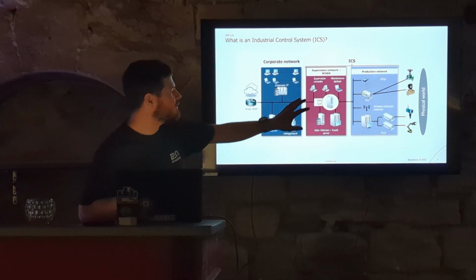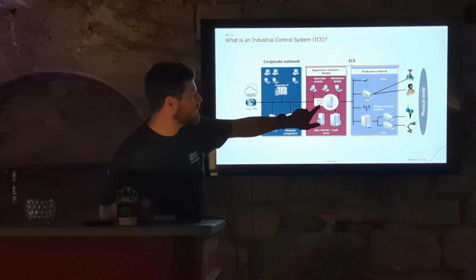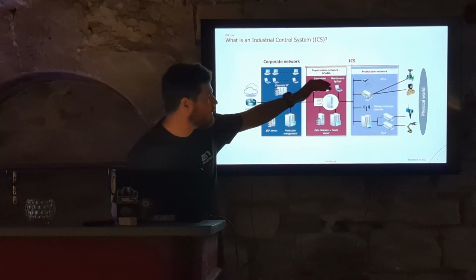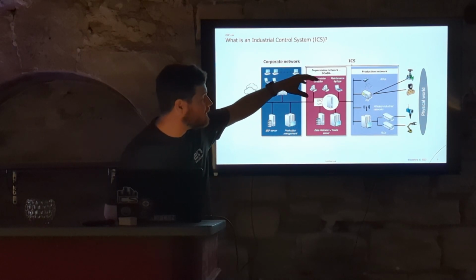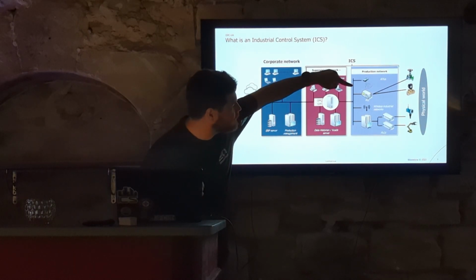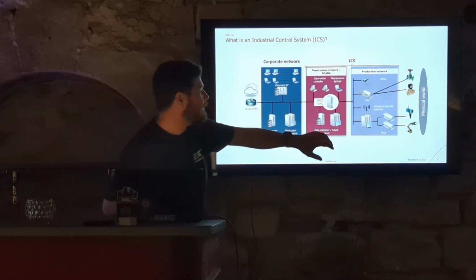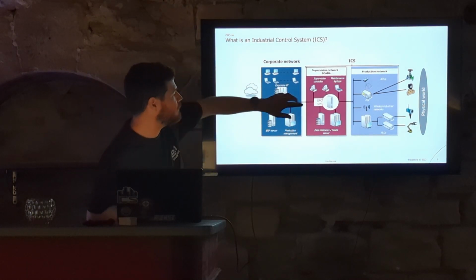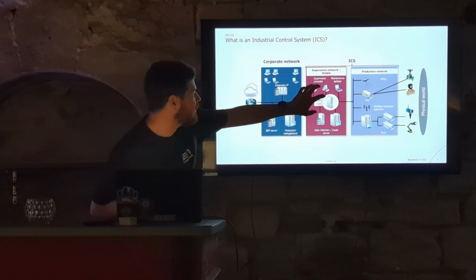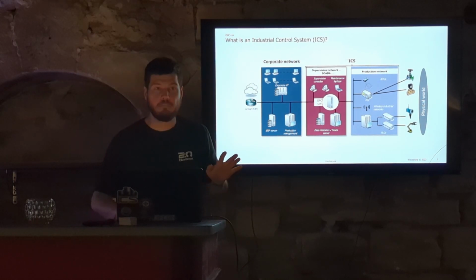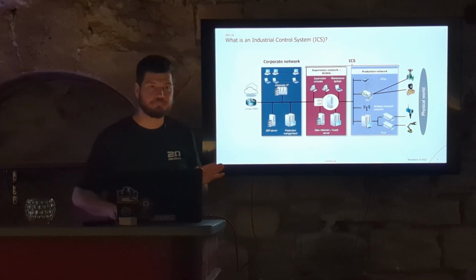So most of the time you install an OPC gateway. This OPC gateway will use Modbus, Profinet, and all the specific legacy ICS protocols to gather some data from the PLCs. And then you will use the OPC protocol to reach the gateway from the corporate network. Okay? So far, so good?